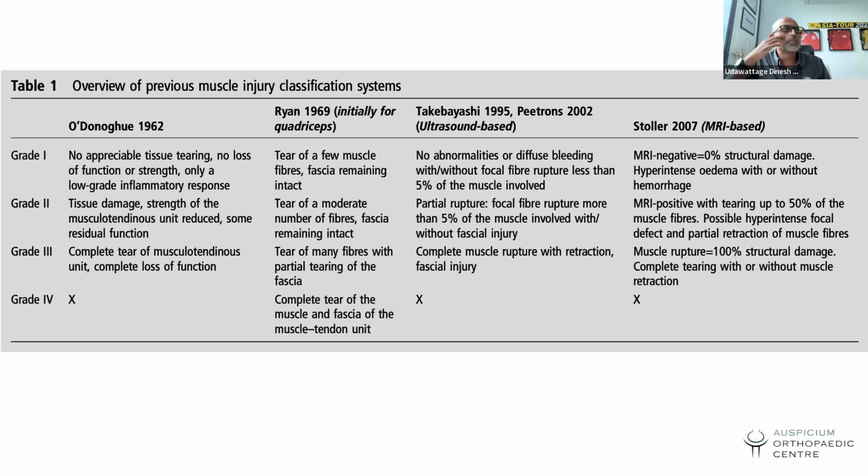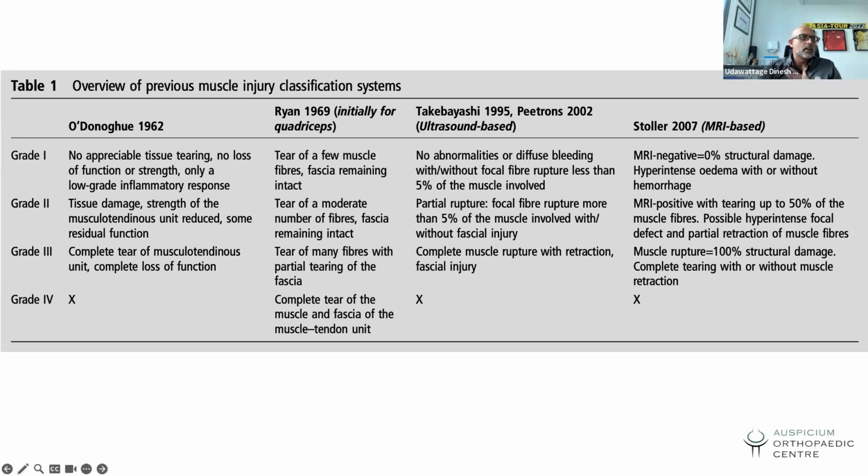Over the years, there have been various classification systems proposed. As far back as 1962, O'Donoghue came out with the 1, 2, 3 grades. Number 1 being no significant functional loss or appreciable tissue injury, number 2 being some, and number 3 being a complete tear.